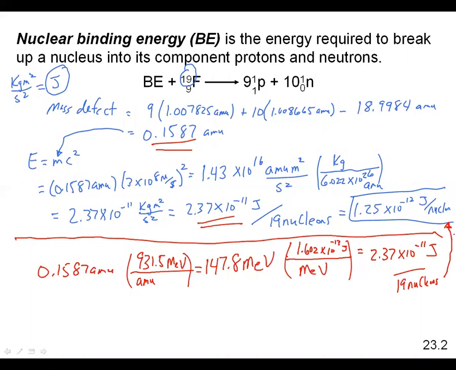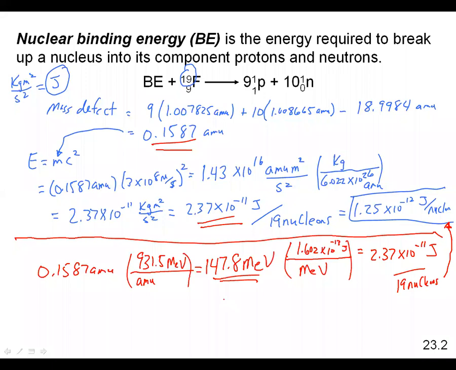So those conversion factors that we saw on the previous slide, they really are based off Einstein's equation. They're just kind of shortcuts without necessarily having to use Einstein's equation. And they're also very beneficial because this is also a very common unit of nuclear binding energy.